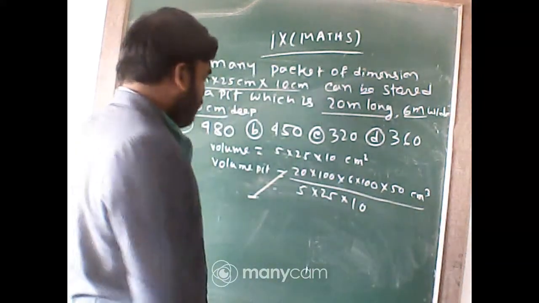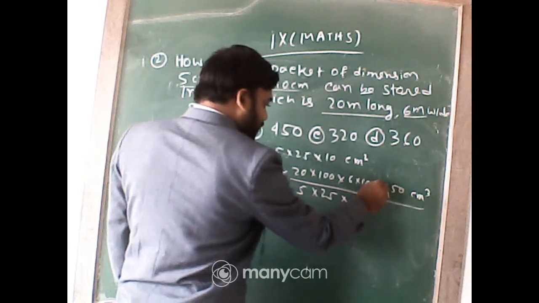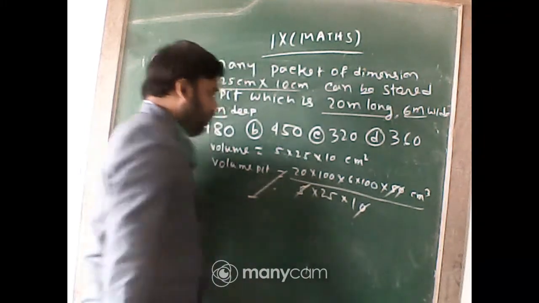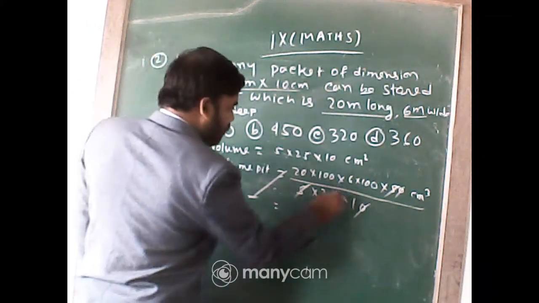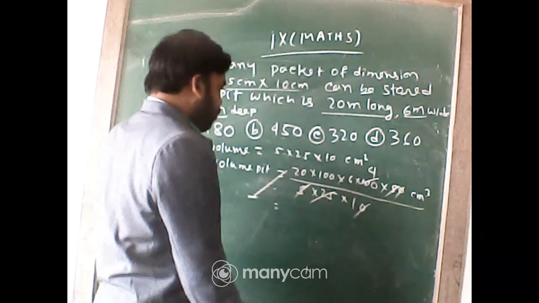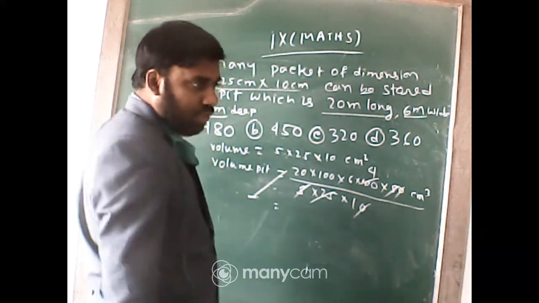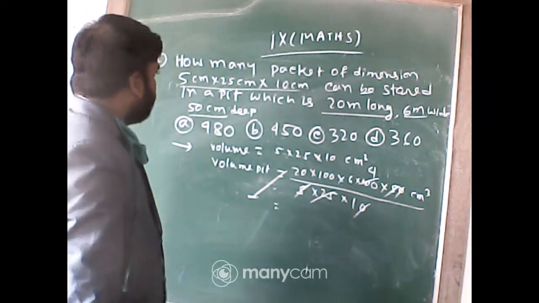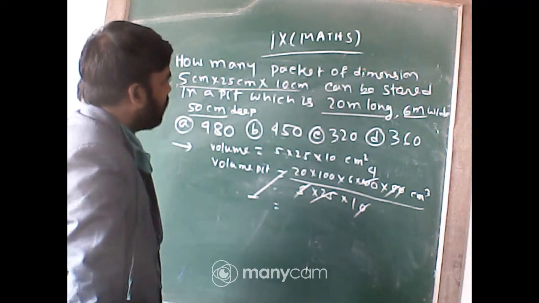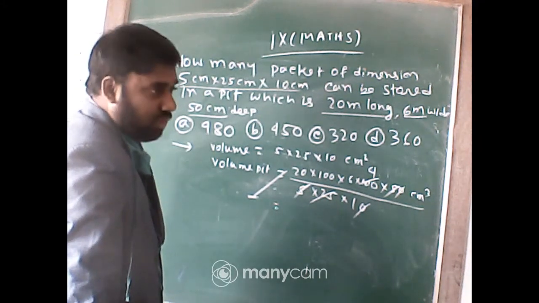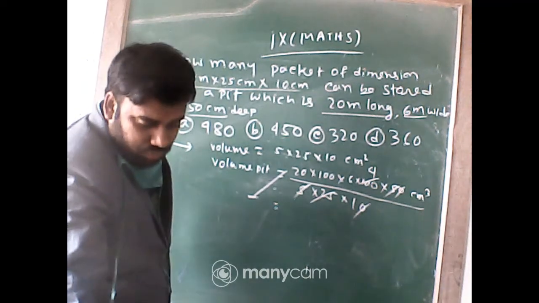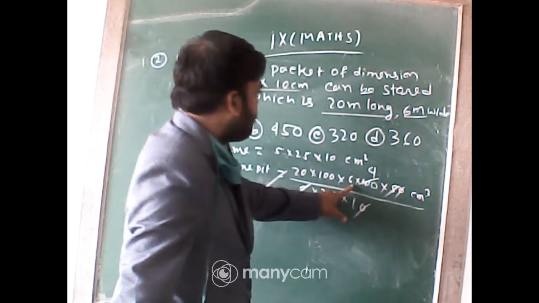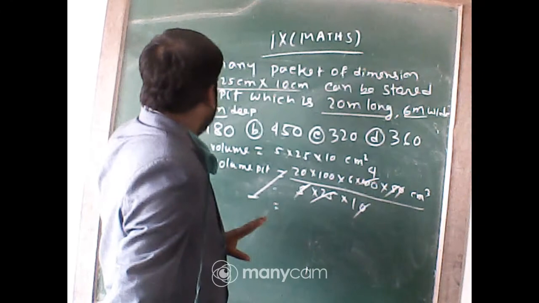So let me check first. Zero remove, 5 remove, 5 4 remove. So I think something is wrong there. Some units are changed there, yes or no? Your answer is 480, but the volume is 20 meter into 100, 6 meter into 100 centimeter, and 50.